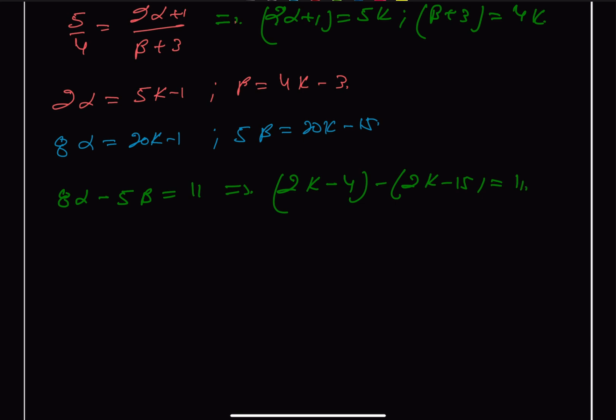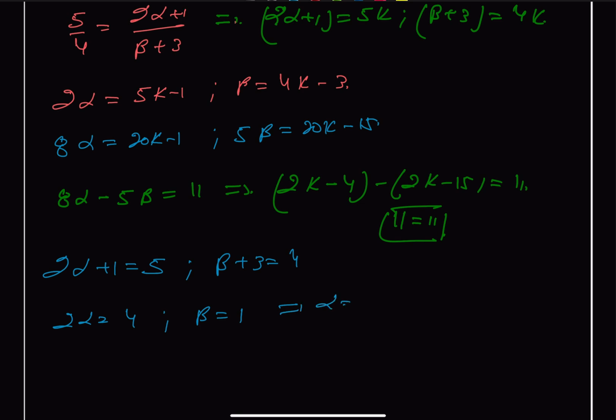So k goes away, and this equation is true, 11 is equal to 11. Therefore we can write that 2 alpha plus 1 is equal to 5 and beta plus 3 is equal to 4. This gives us 2 alpha is equal to 4 and beta is equal to 1, giving us that alpha is equal to 2 and beta is equal to 1.